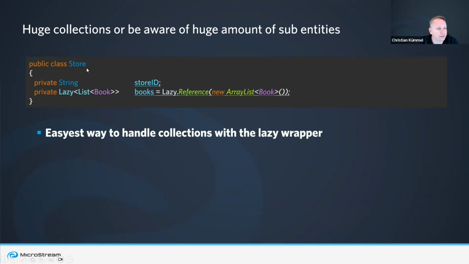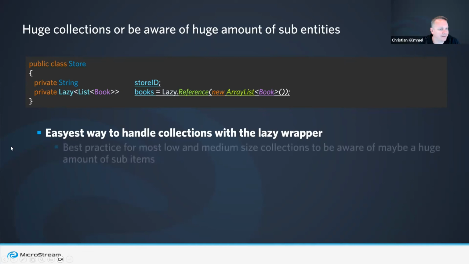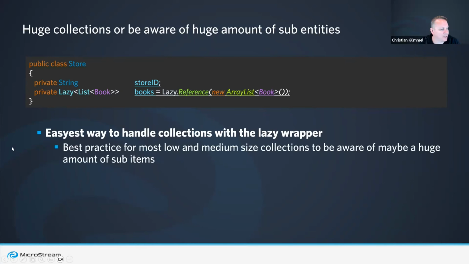Why not to do this on huge lists, for example? Some of you? That's right. Whole collection is loaded at once. So yeah, that's right. When you get all or nothing, that's exactly the point.